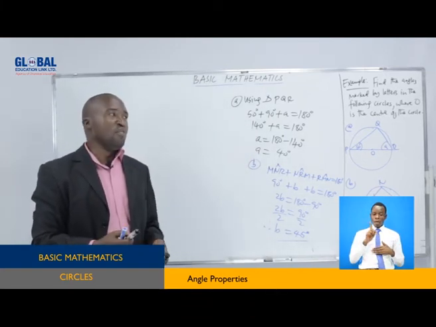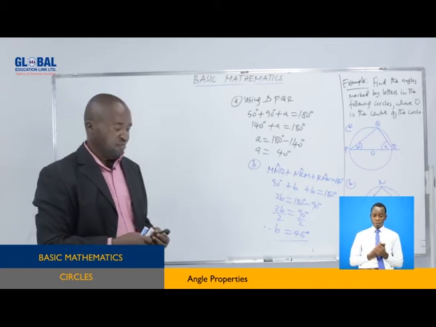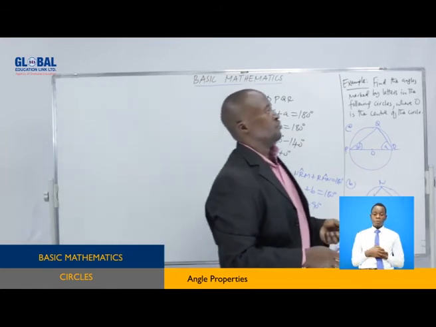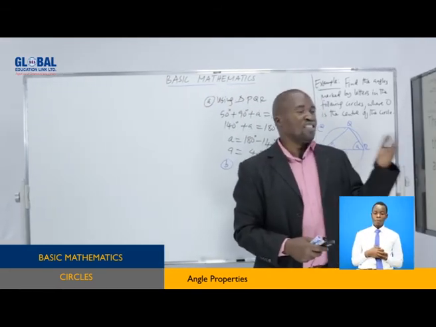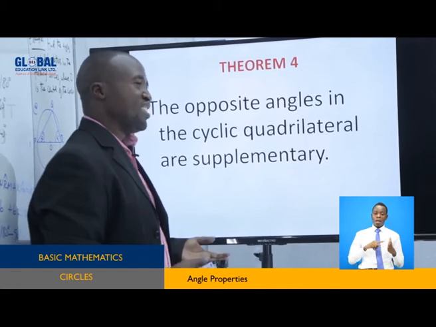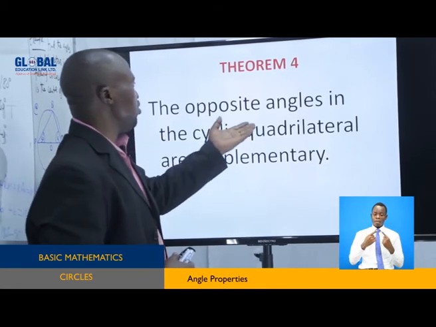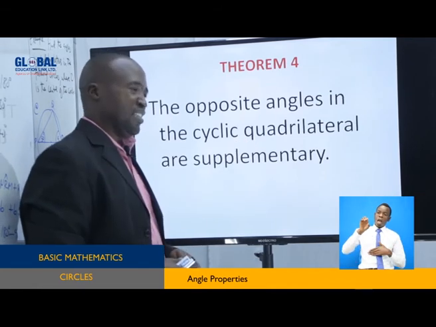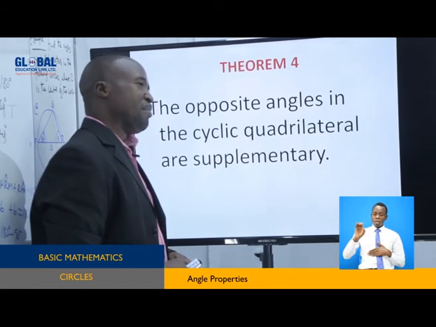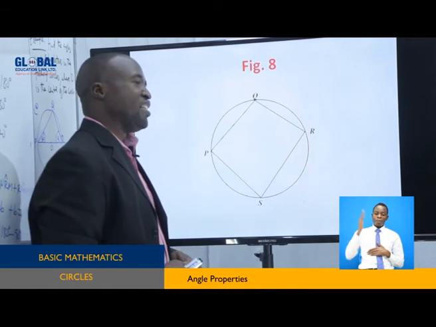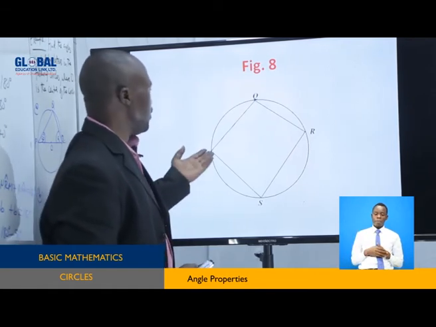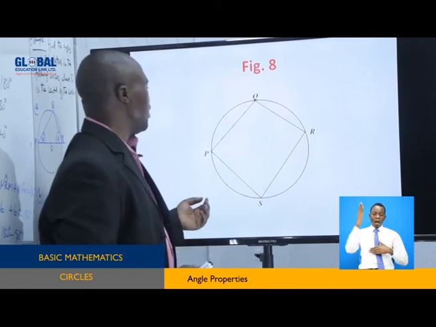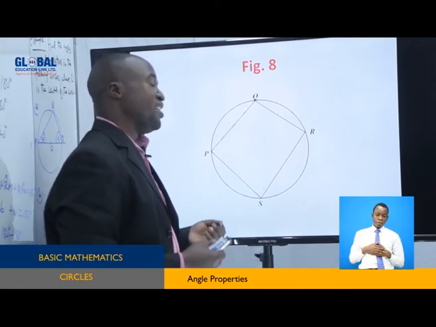Let us proceed with the fourth theorem. So students, this is our fourth theorem, which states that the opposite angles in the cyclic quadrilateral are supplementary. Now supplementary means they add up to 180. That is, the opposite angles in the cyclic quadrilateral add up to 180 degrees.